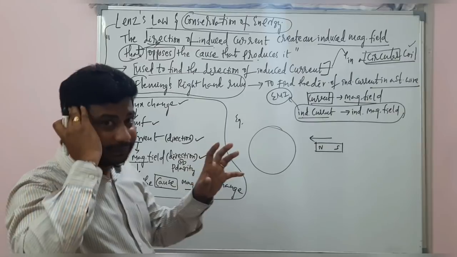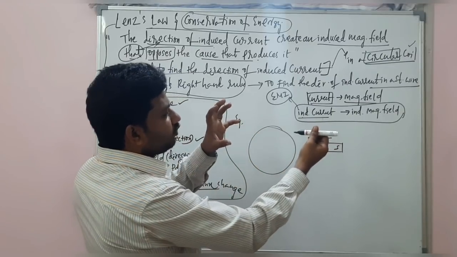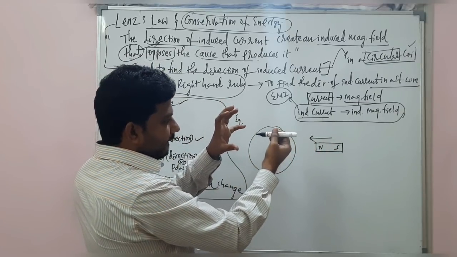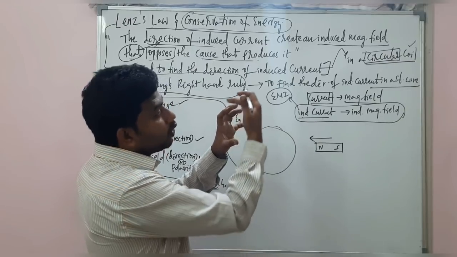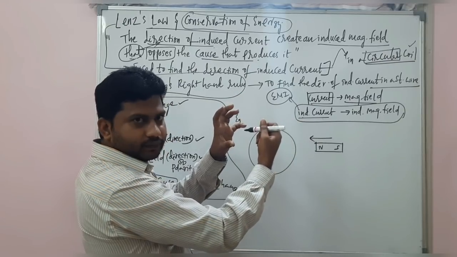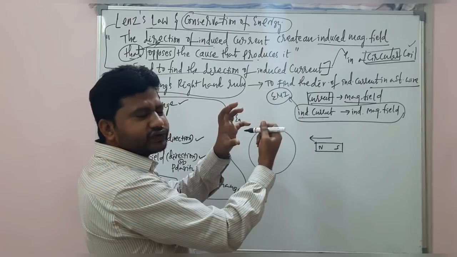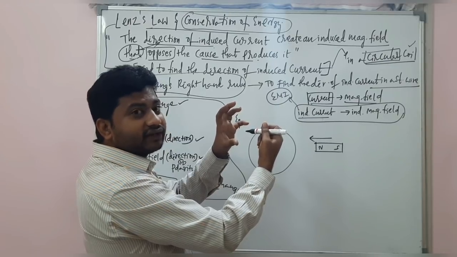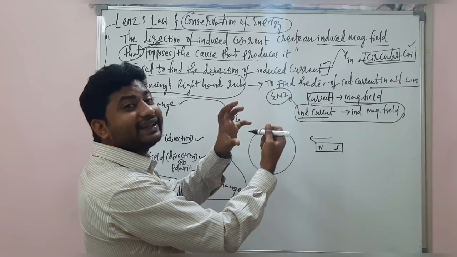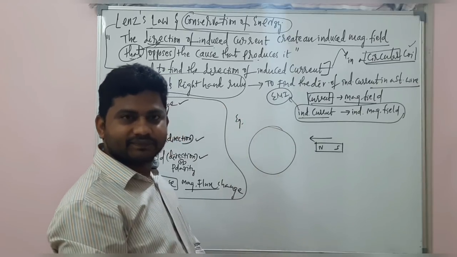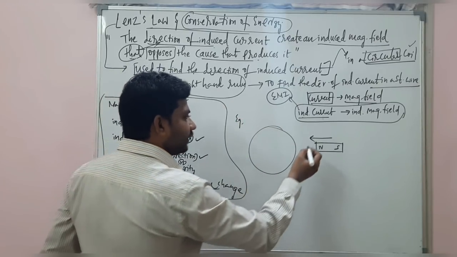This is important now. A magnet is moving towards the coil. Magnetic flux change. More field lines are passing through it. Induced current, induced magnetic field. Now this induced magnetic field will try to decrease the magnetic flux. See here.